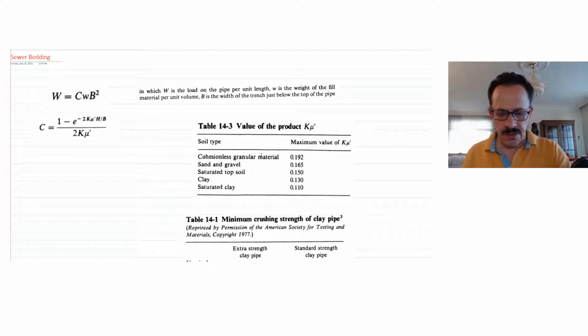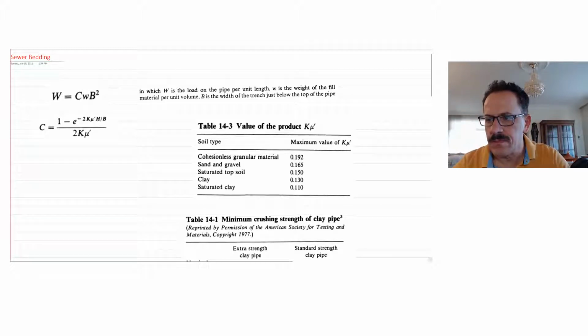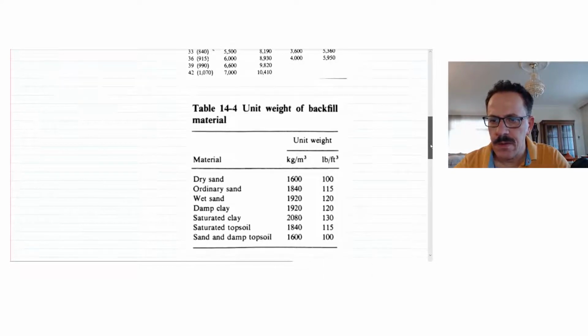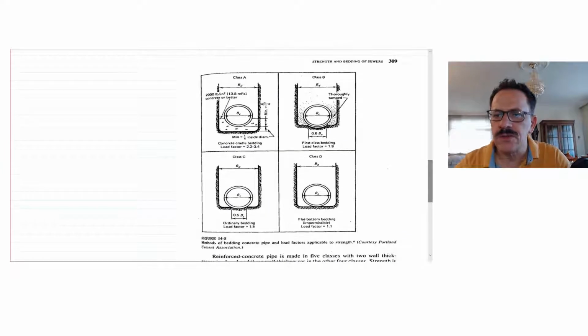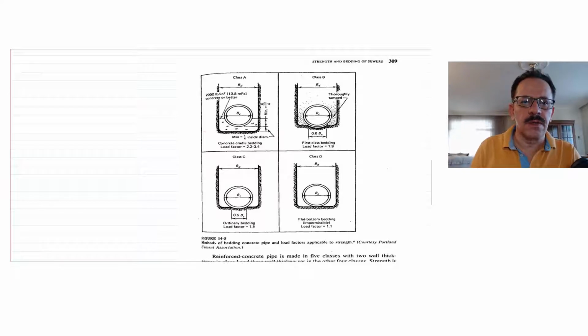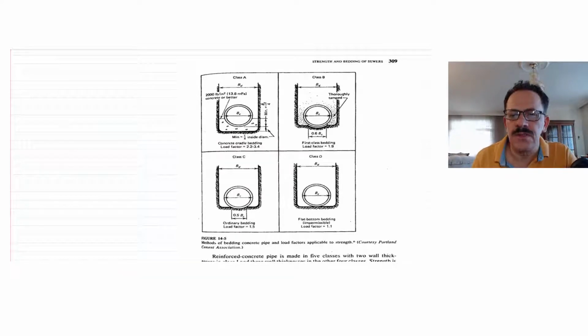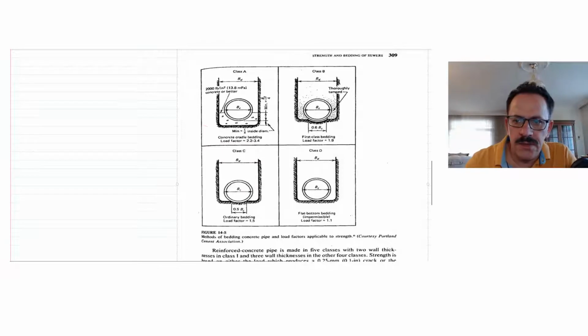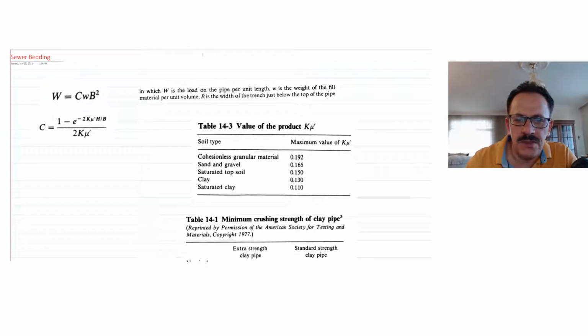As you know, the sewers usually will look like this. If I wanna draw, for example, this was a bed of the bedding of the sewer, here's the cross section of the sewers.